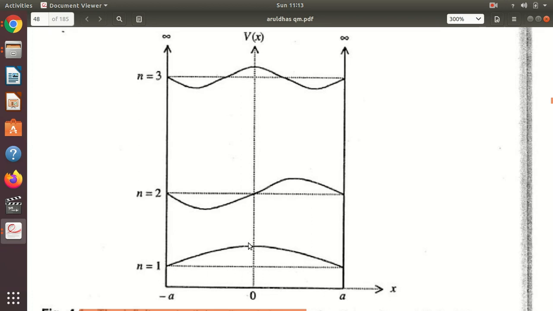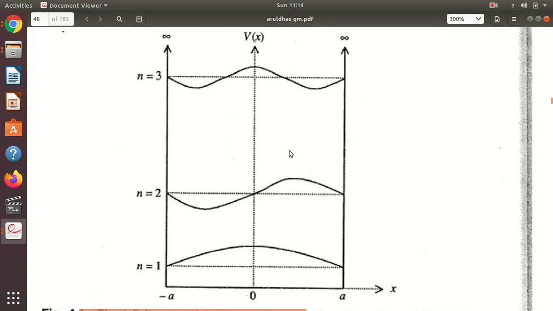Therefore this is an even function. So this is the cos function. This is sine because it is 0 at the origin and it is asymmetric. It is positive here, it is negative here. Again, for n equal to 3, which is odd, the function is even because it looks similar on both sides. It is just like a mirror image. So again this is the cos function.